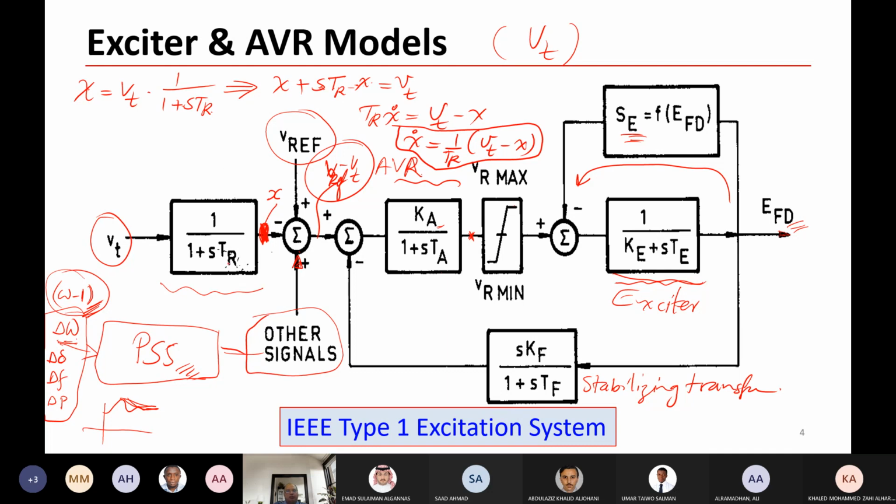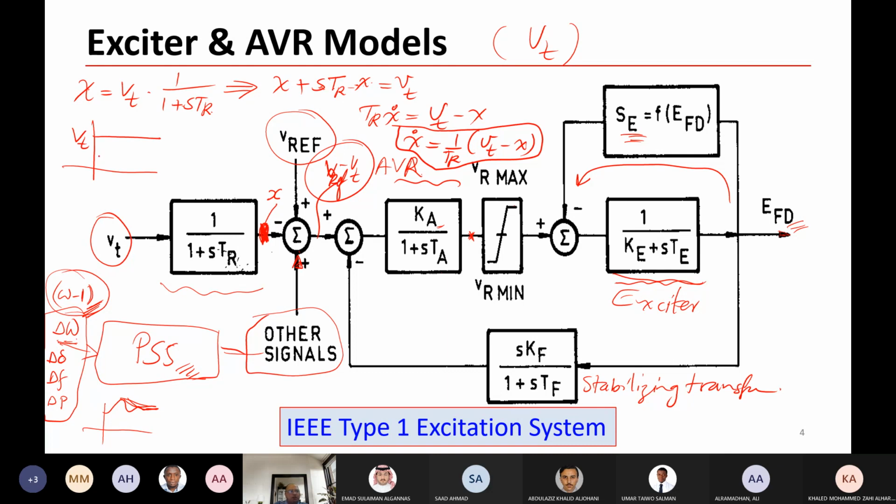Okay, is it clear? At steady state, you can put X dot equal to 0, right? Yes. So VT equals X at steady state. If you have any dynamics, if you have any change, that means that we have a delay. For example, if you have a sudden change in VT, how will X change?